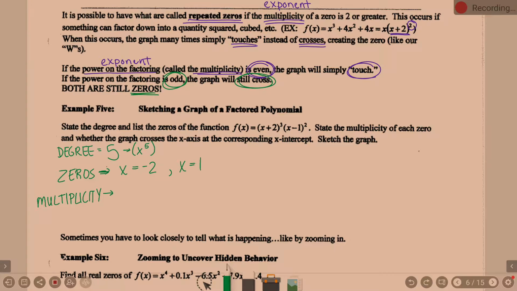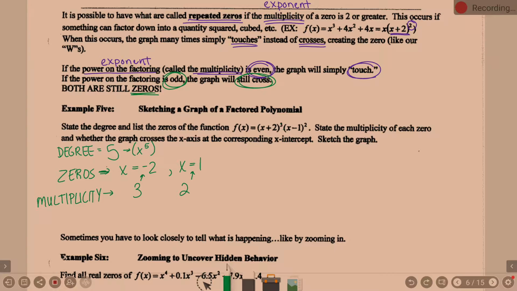Multiplicity is, what power does the x plus 2 have on it? It has 3, right? So the multiplicity for -2 is 3. Okay, for this one, what is the multiplicity for 1? X minus 1 had a power of 2. So it has a multiplicity of 2.